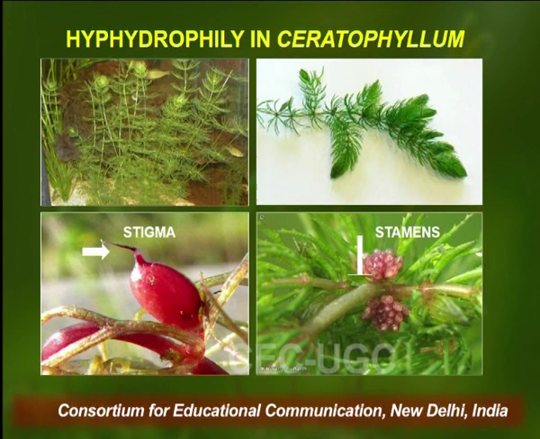This is hypo hydrophily in Ceratophyllum. Ceratophyllum is again an aquatic plant which is present submerged in water bodies. It is free floating in the water body. So you can see that on the left hand side there is a red structure which is a female flower, and there is an enlarged ovary and a very small stigma.